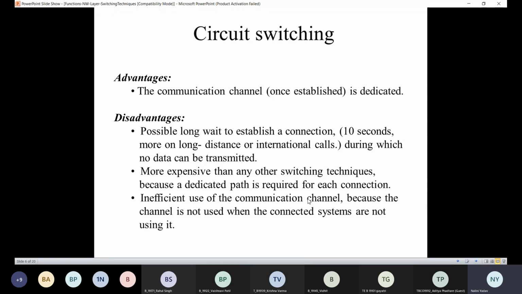They may need to transfer data say after 10 minutes, but they are holding the connection, and unless it is released, it cannot be used by the other two stations. So that's the reason we say it is an inefficient use of a communication channel, because that channel is not free, and unless it is free, it cannot be used by anybody else. So that is my circuit switching.